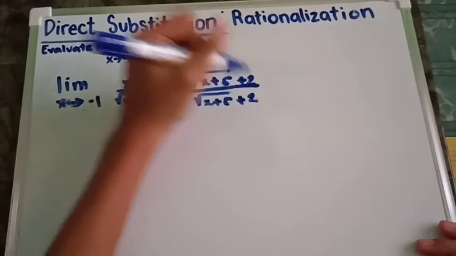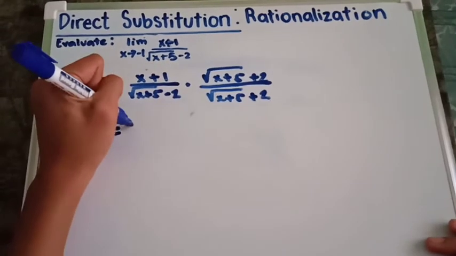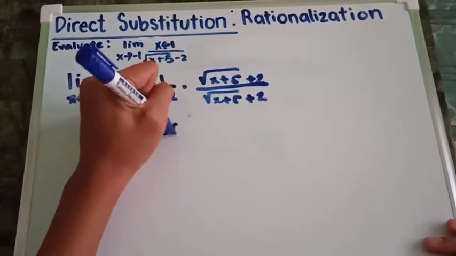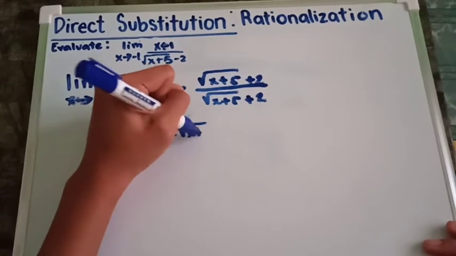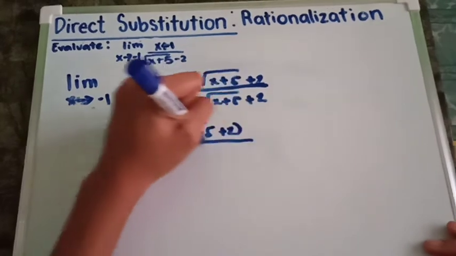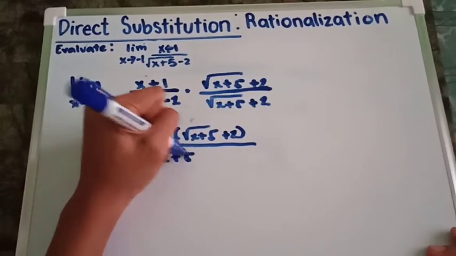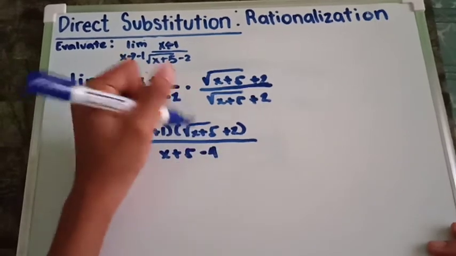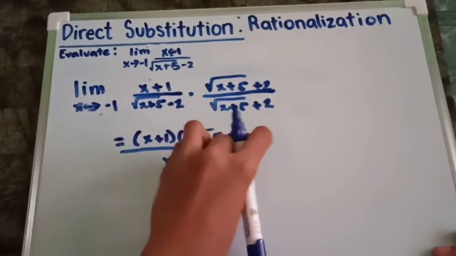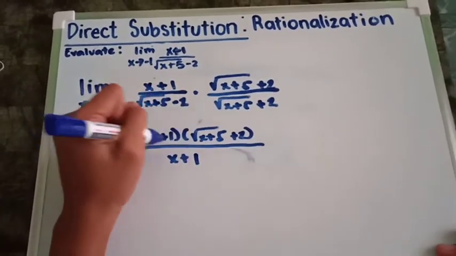So there you will multiply x plus 1 times the square root of x plus 5 plus 2 over x plus 5 minus 4, which is x plus 1. You're going to cancel out, and the remainder is going to be the square root of x plus 5 plus 2.